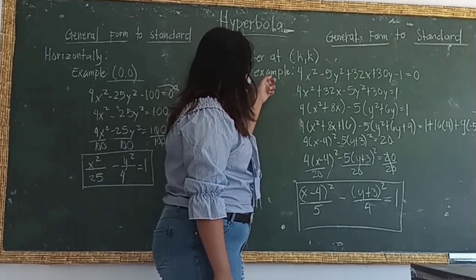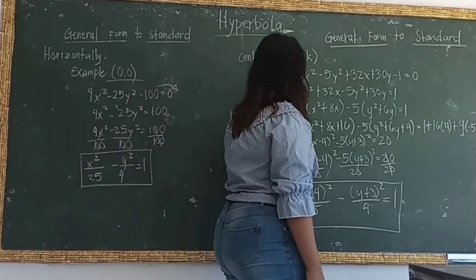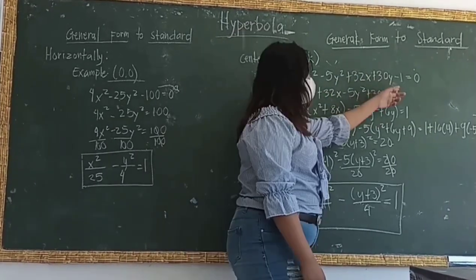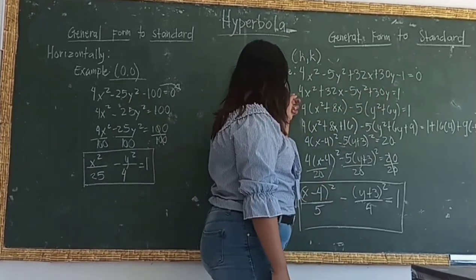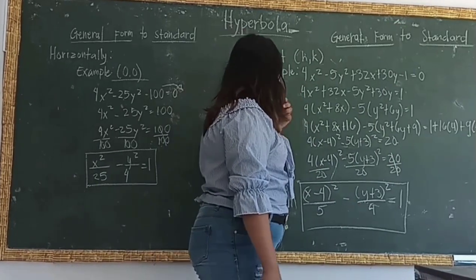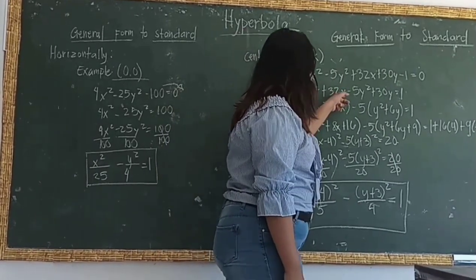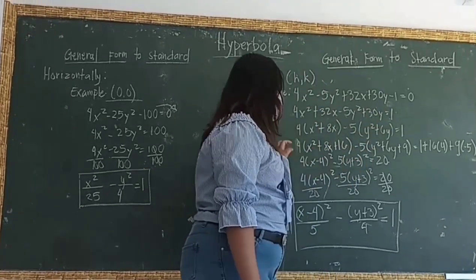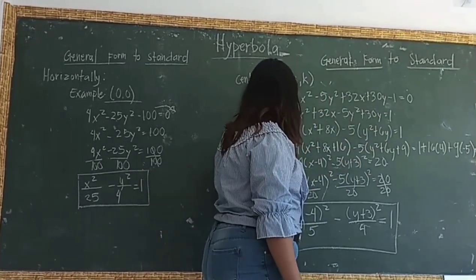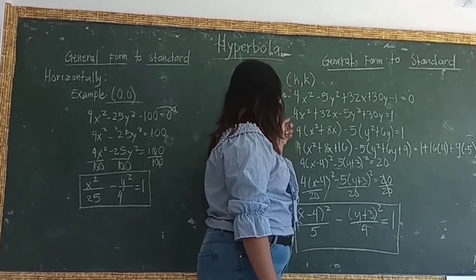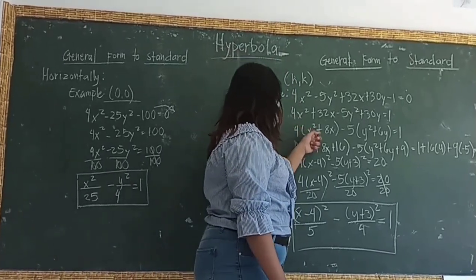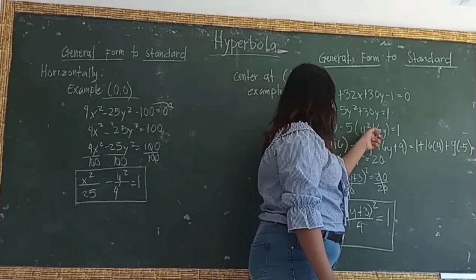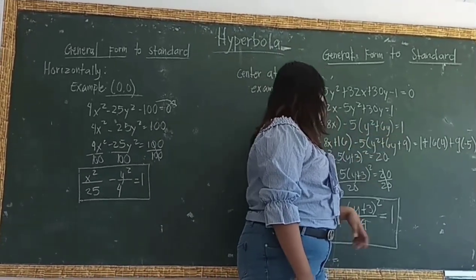Example, 4x squared minus 5y squared plus 32x plus 30y minus 1 is equal to 0. Combine same variables, so 4x squared plus 32x minus 5y squared plus 30y is equal to 1. Then factor out the 4 from 4x squared plus 32x: 4 quantity of x squared plus 8x, negative 5 quantity of y squared plus 6y is equal to 1.